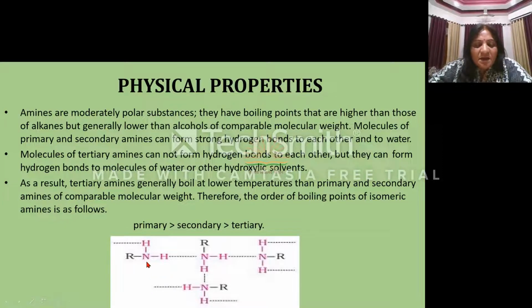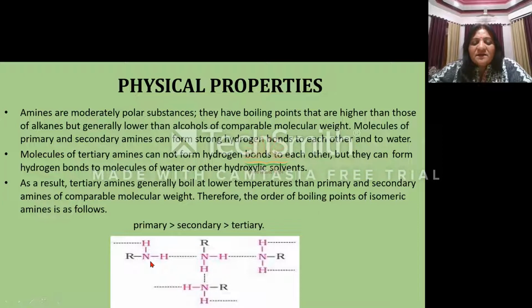And in primary amine, you are watching the intermolecular hydrogen bonding. This hydrogen is trapped in between two highly electronegative nitrogen atoms. So this is intermolecular hydrogen bonding between the primary amines RNH2, RNH2.